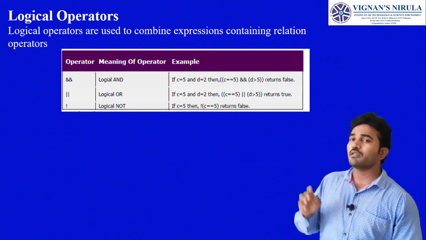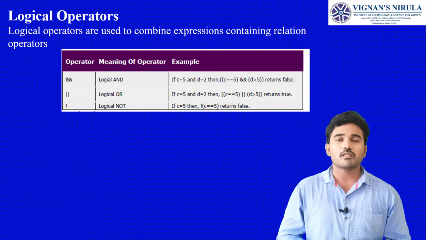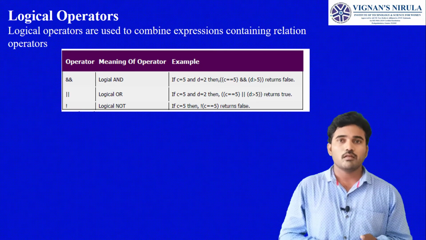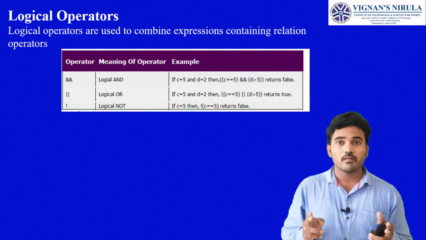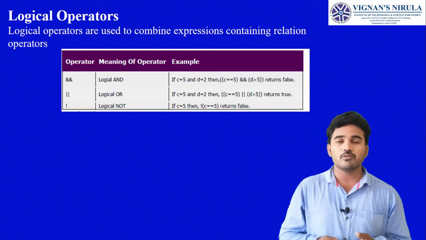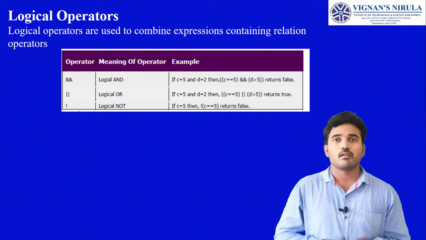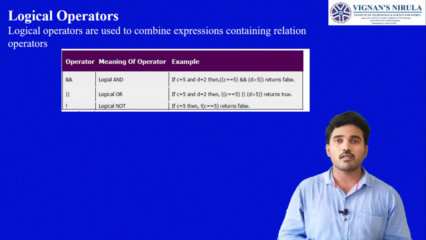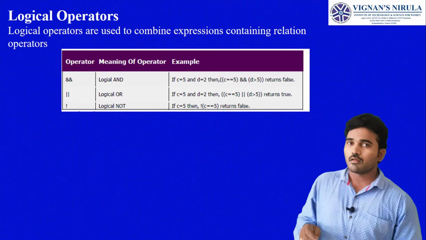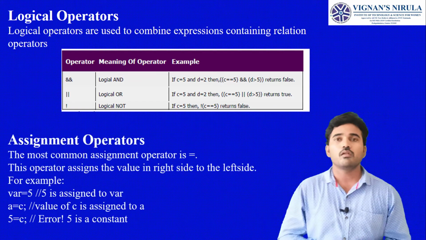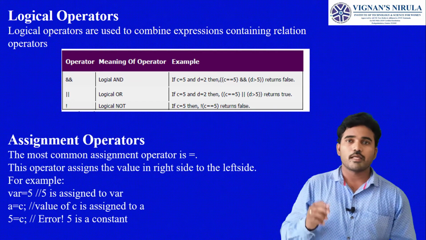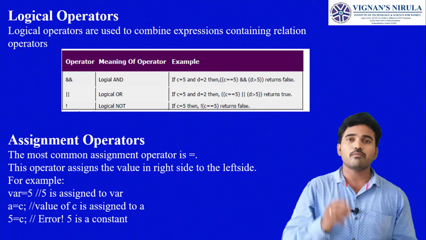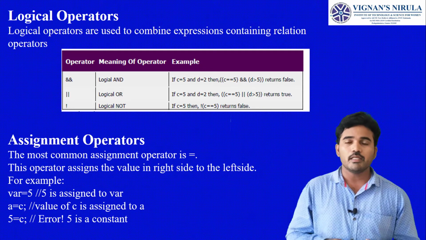And coming to the logical operators. The logical operators are used to combine two relational expressions together. If you want to compare two relational expressions, then you must use the logical operators. Three logical operators are there: logical and, logical or, logical not. In this example we have used an expression like: if c = 5 and d = 2, then we are verifying c == 5 and d > 5.